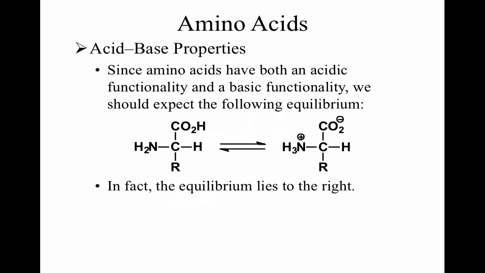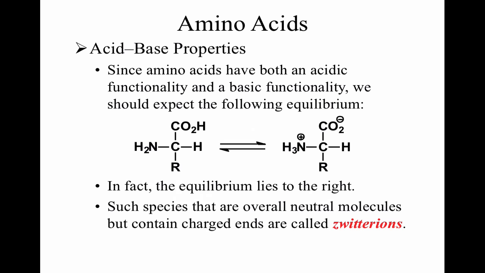What happens if we take this amino acid in water and we add sulfuric acid? What's going to be the charge on the amino acid? So I add some sulfuric acid, bring the pH down to, let's say, 1. What's the charge going to be? Positive. And if I add some sodium hydroxide and bring the pH up to, say, 12, it's going to be negative.